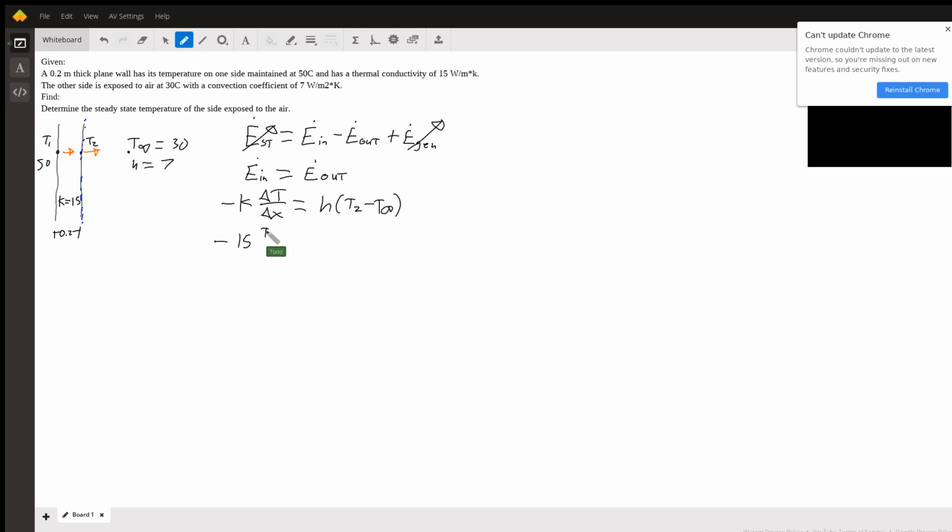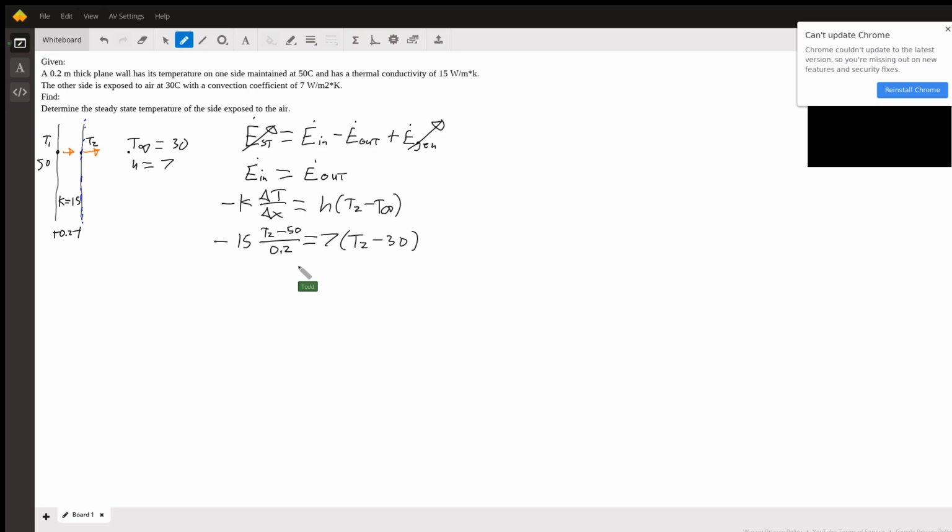So it's going to be T2 minus T1 over delta X, the 0.2, is equal to H of 7 times T2 minus T infinity, which we know is 30, and for that matter, T1 we know is 50.